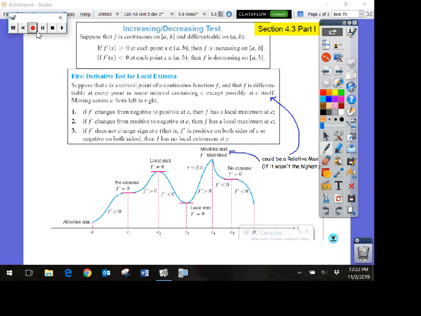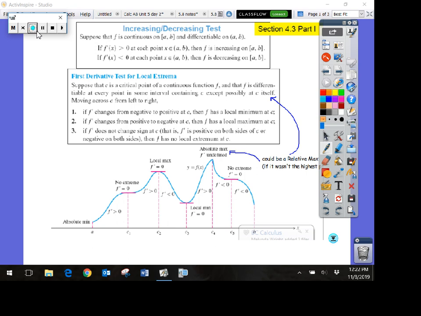It is the absolute highest point. But if that cusp was not the highest point, it could be a relative max as well, because that would be except at c. So at a specific x value, if that corner or cusp, which is where it is not differentiable, could be a relative max or min as well.